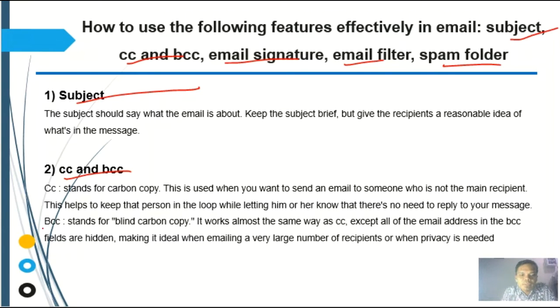And BCC works pretty much the same as CC, except all of the email addresses in the BCC field are hidden, making it ideal when emailing a very large number of recipients or when privacy is needed.